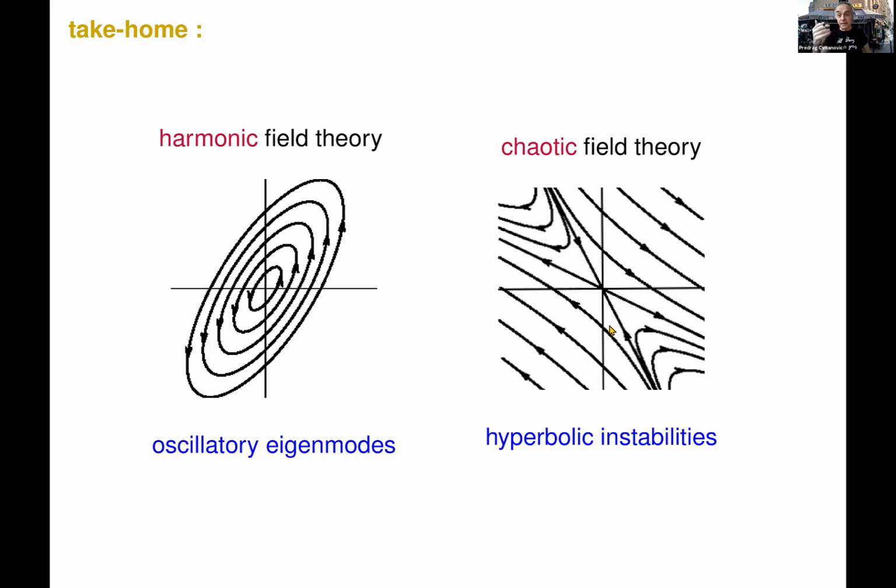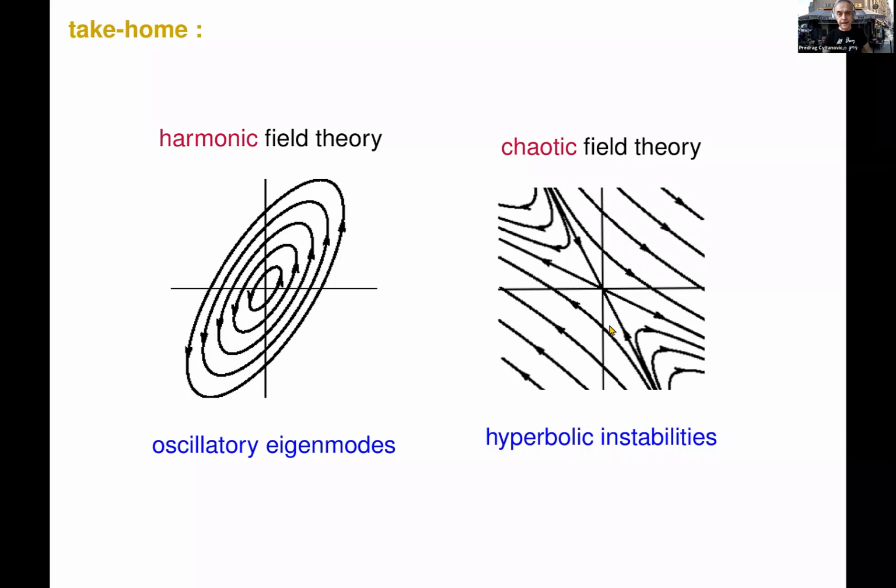So, elliptic behaviors around the resting point of the system. For chaotic field theory, everything turns hyperbolic. Everything that you push, it doesn't push back, but just runs away.